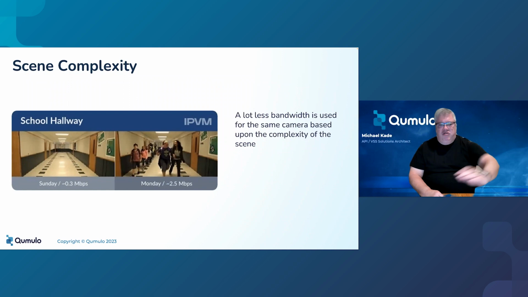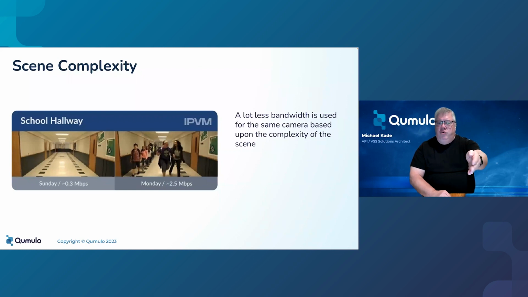So for instance, here's a school hallway on the left, and you can see that it's sending 300 kilobits per second of data because nothing is changing in that hallway. But yet that's not motion capture. That camera is on all the time. It's just not transmitting much data. On the right side now, the bell has rung and the students are moving from one classroom to another, and that camera will dial itself up.